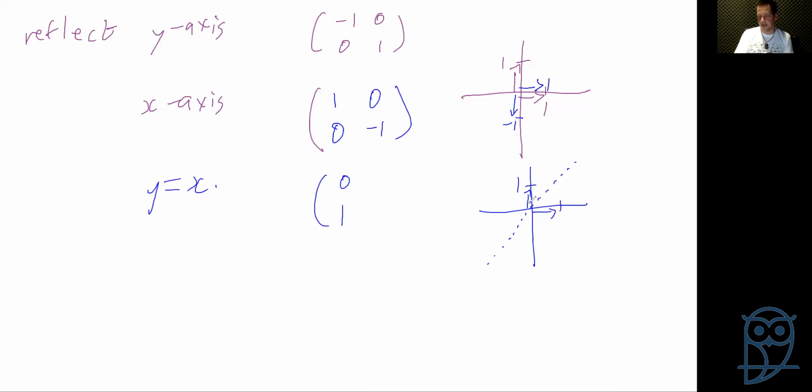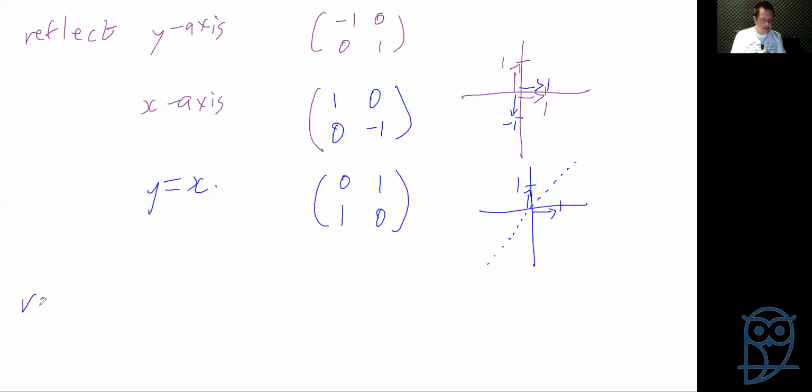And this one is currently a 0, 1 vector, but when it goes down there, it becomes a 1, 0 vector. So you can literally see they've literally swapped. If you're reflecting y equals minus x, you're going to put negatives.